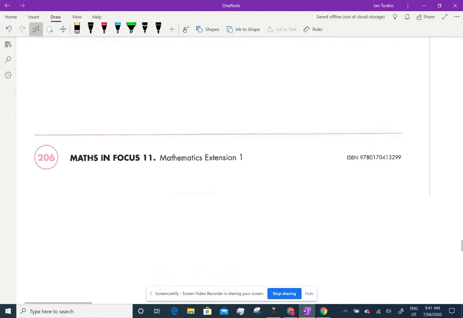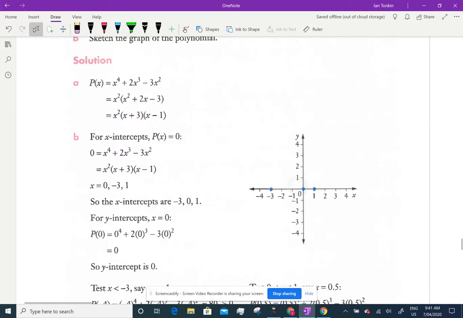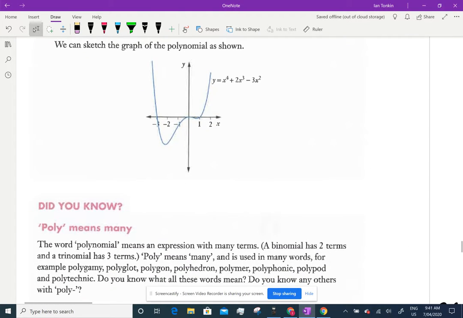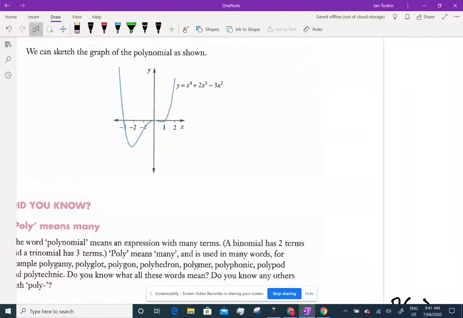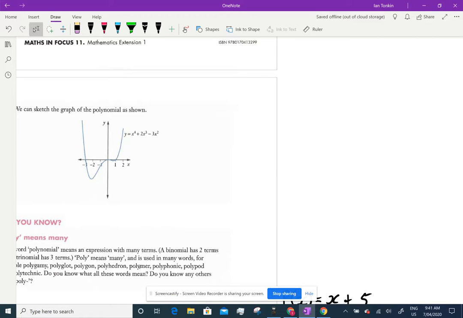So when we sketch a polynomial, and here's a quartic, you need to understand some things. So the degree tells you what's happening.